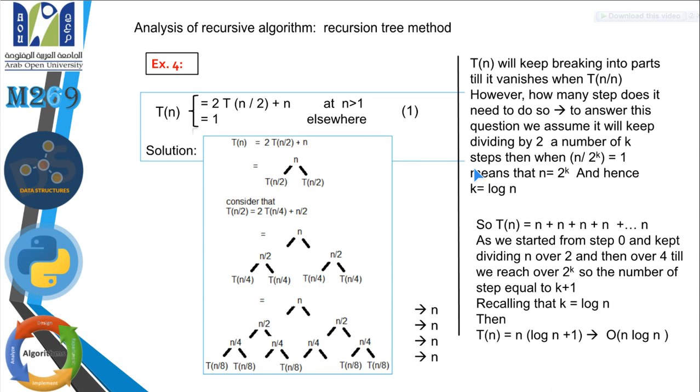The one I described just now is called back substitution. Now this is called the recursion tree. It depends on how you represent your trees for analyzing the algorithm. Now I have this recurrence here, T(n) = 2T(n/2) + n. How can we use the recursion tree to find the complexity of this algorithm?